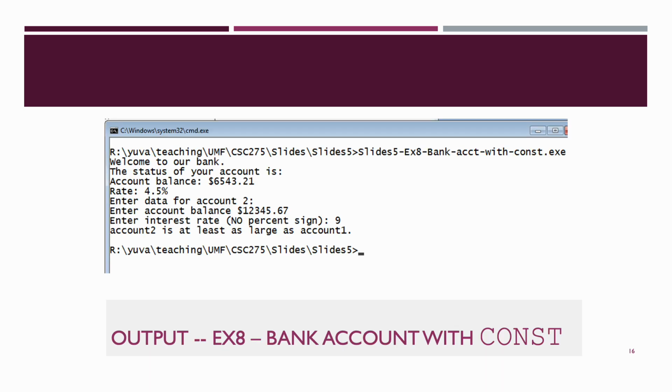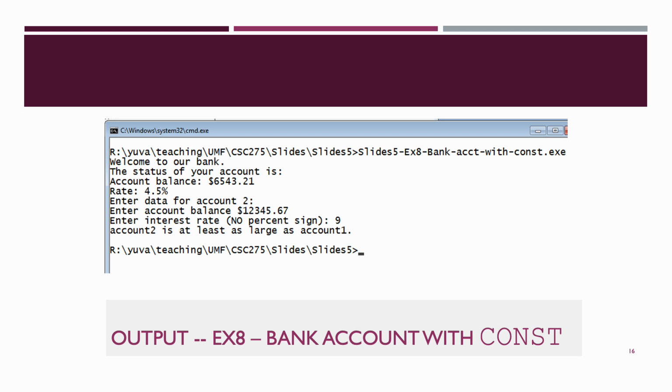Now this is the output for the code. First it will say welcome to our bank, the welcome message. Then the status of your bank account, it will show the account balance, then the rate. Enter data for account 2, it will get input from the user. Let's say the user inputs 12,345.67, then it will say enter interest rate, no percentage sign, then the interest rate is 9.